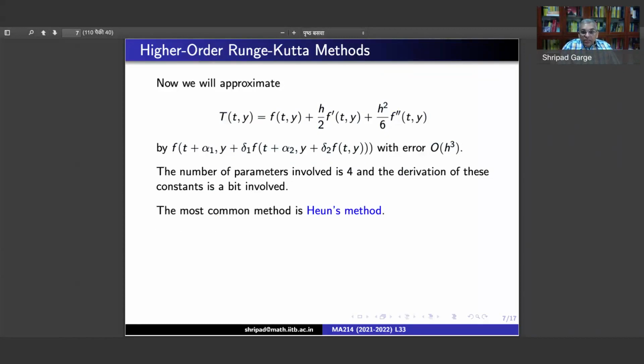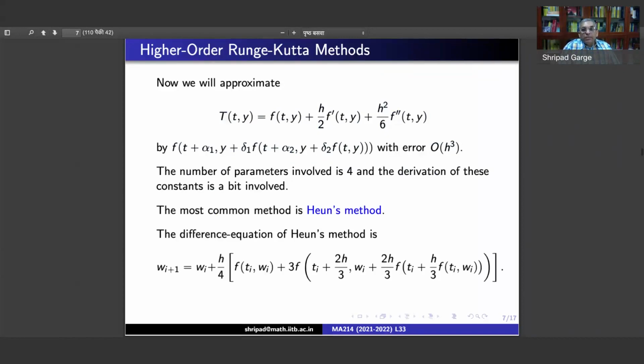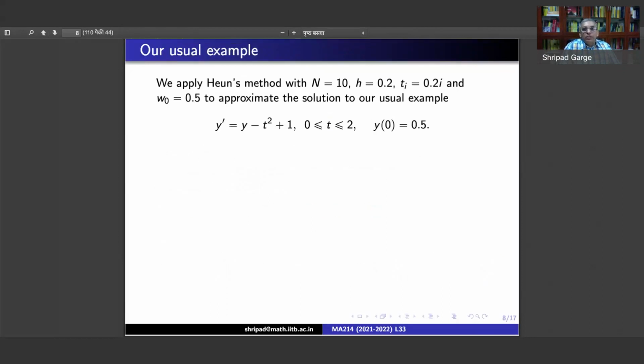And the difference equation of Heun's method is given exactly in this form. So we see that alpha 1, delta 1, alpha 2, delta 2 can be computed depending on the values of h.